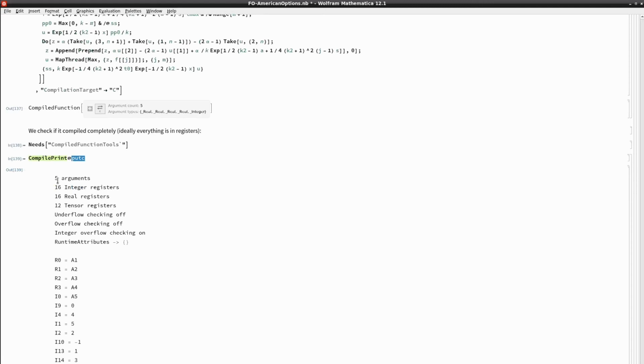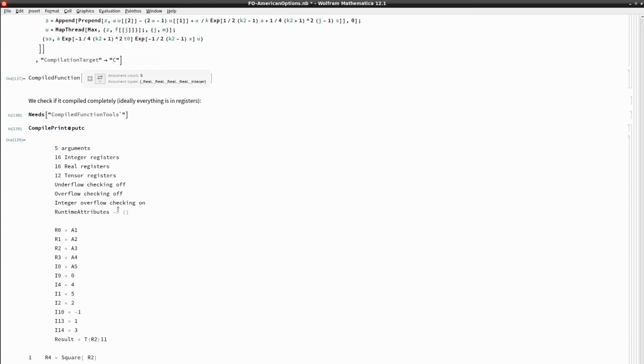So we have 5 arguments, 16 integer registers, 16 real registers, and 12 tensor registers. And when we have registers, that's always good news. That's the fastest way to store these things in memory and have machine code operate on them, right? We don't have any remaining calls into the Mathematica evaluator.